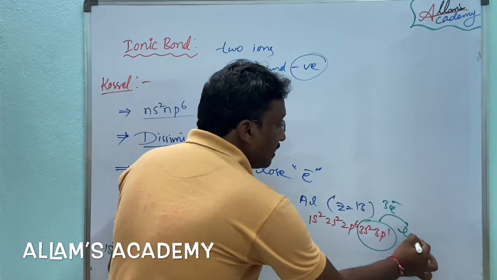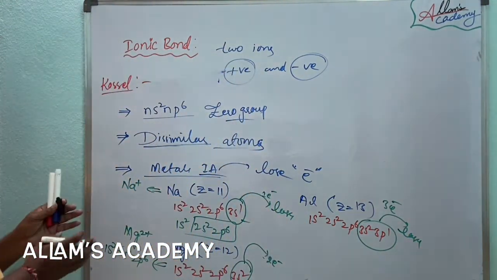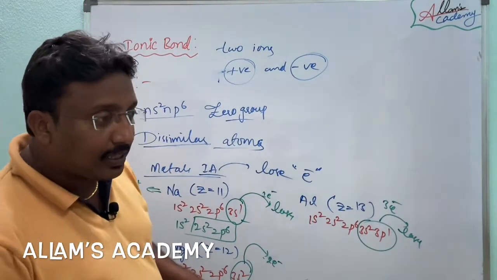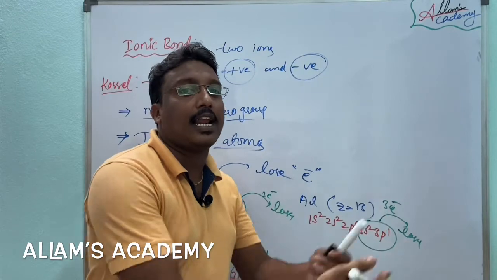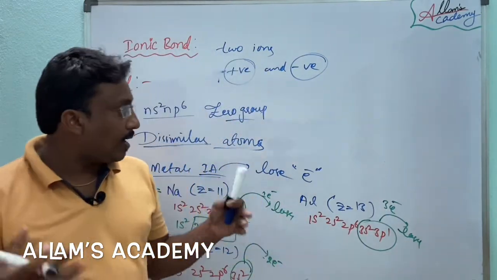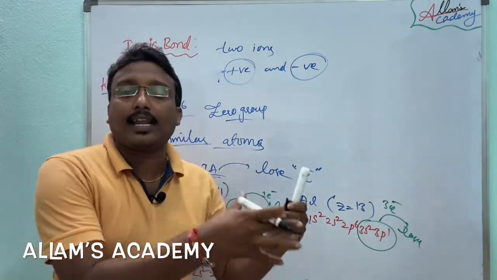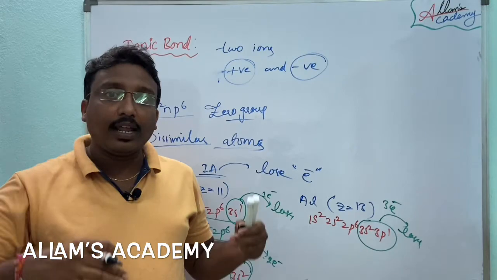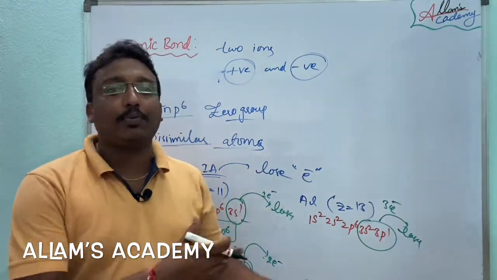From the valence shell. That means you have to come to know that chemical bonding takes place by the losing of valence shell electrons only. In chemical combination, only the outermost electrons are responsible. Only the outermost electrons can be affected by the force of attraction or repulsion.